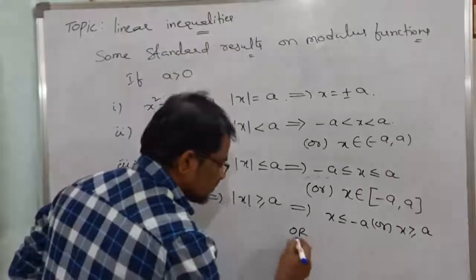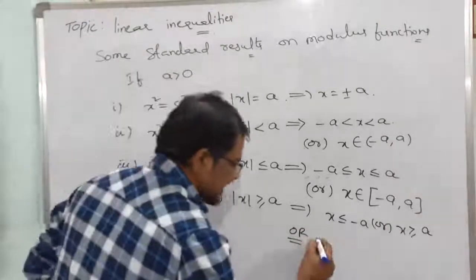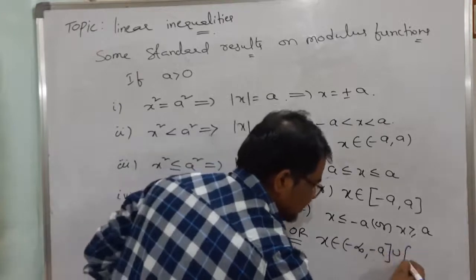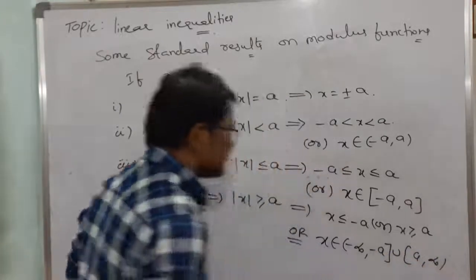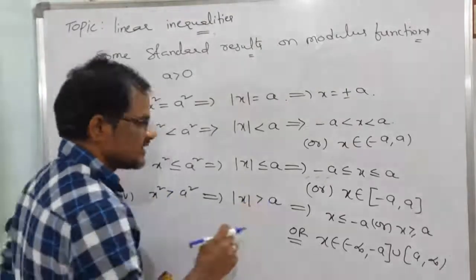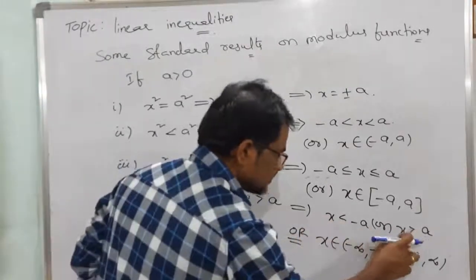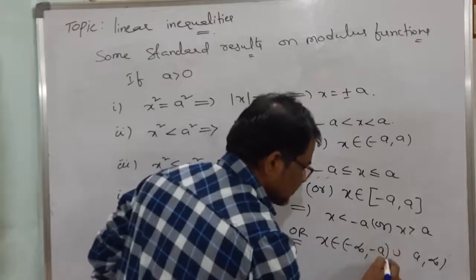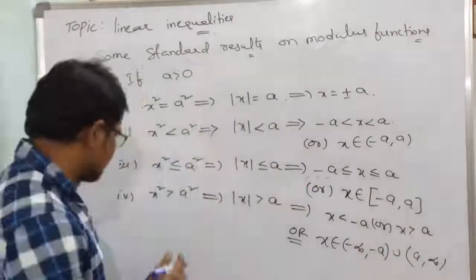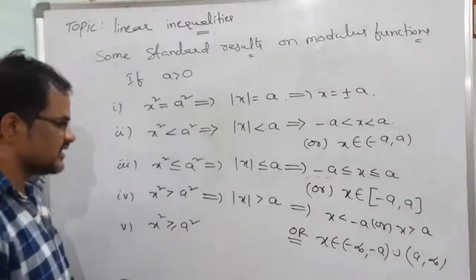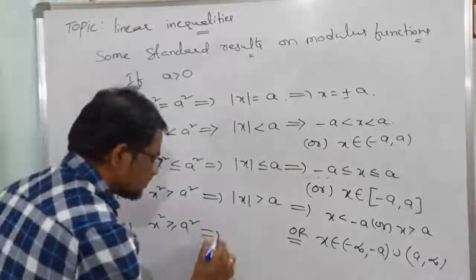Or you can write in terms of intervals, x belongs to minus infinity to minus a closed interval, union a to infinity. Suppose only greater than is there, then the equal to will not be there, which means an open interval, right?